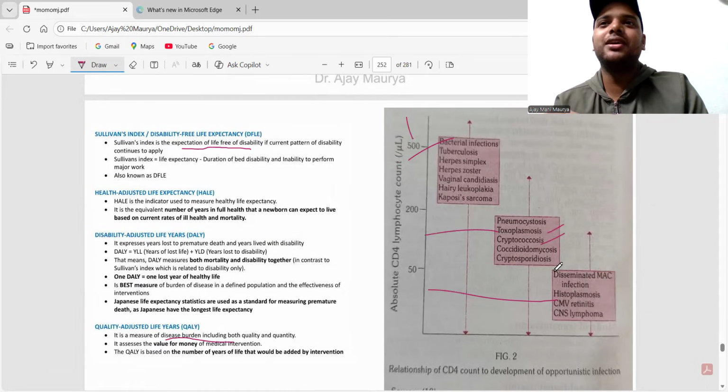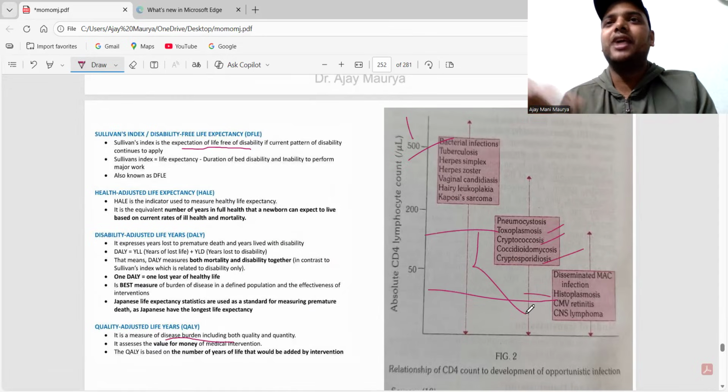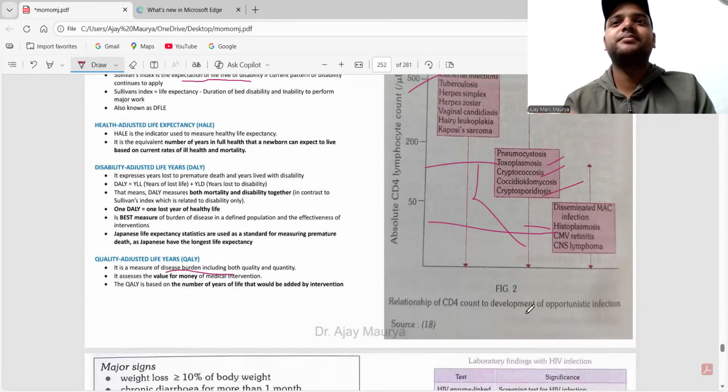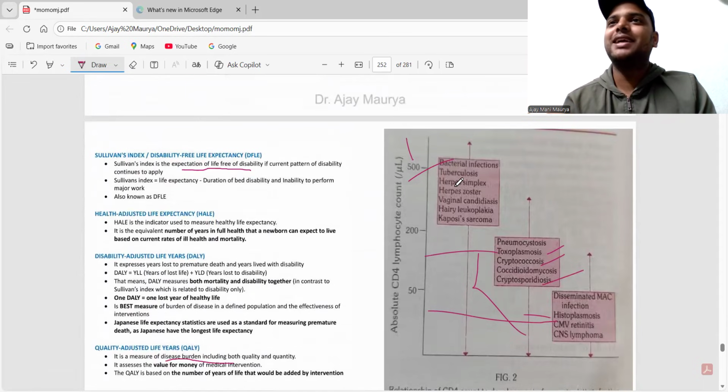Cryptosporidiosis is also important. CMV and histoplasmosis are important. They always ask from this. Just try to master it, mug up. Even I too don't know, but I'm also a student, so I have to mug up.